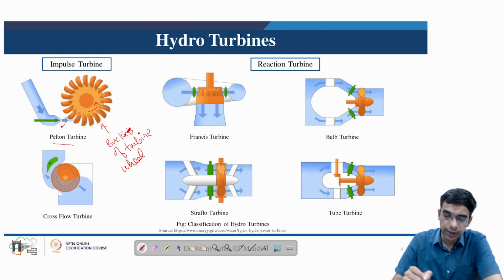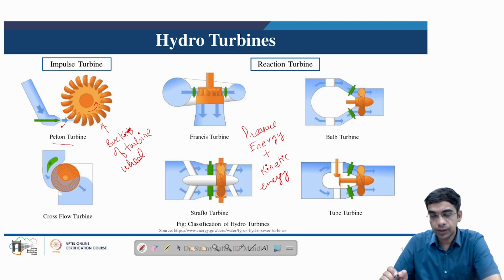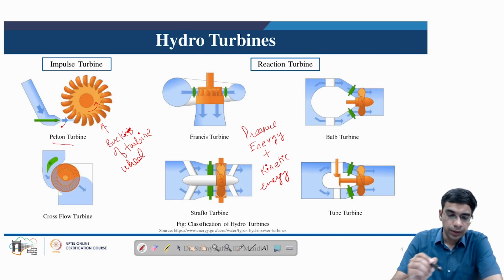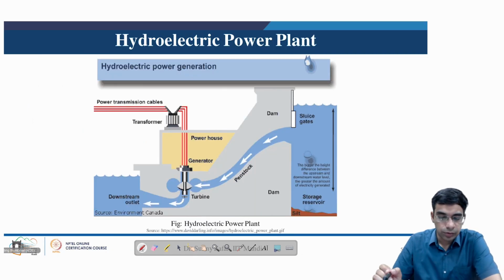So here both the pressure energy as well as the kinetic energy of the flowing water is converted into the mechanical energy. So all these turbines are basically utilized in any hydropower plant which is used to generate electricity.